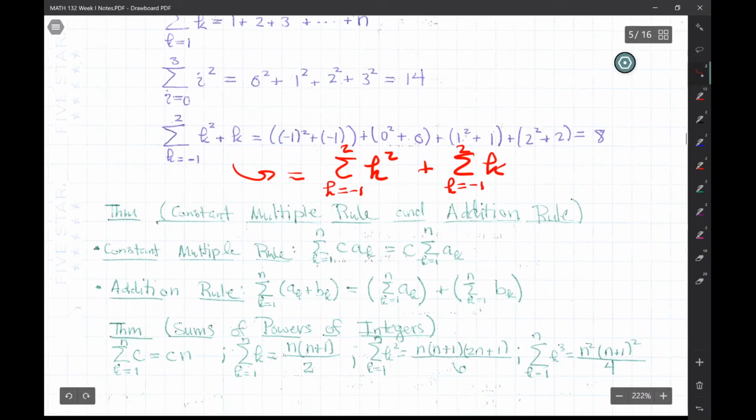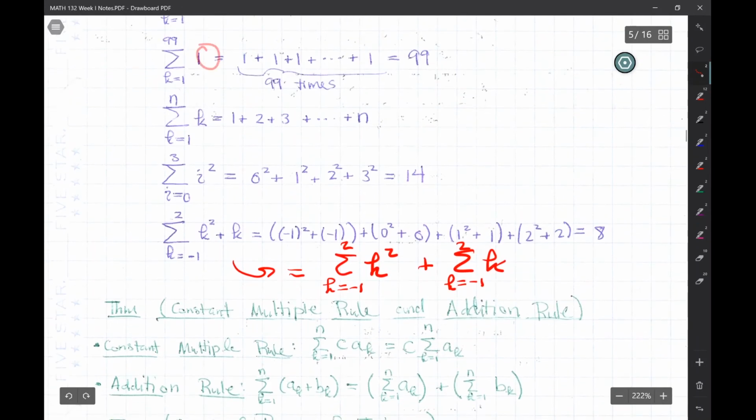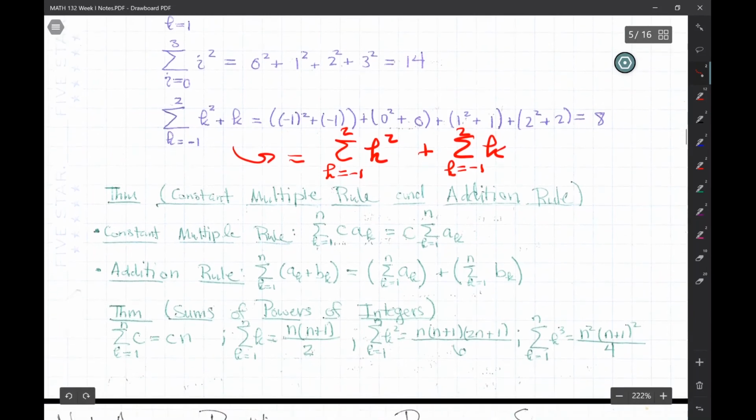And finally we have sums of powers of integers here. This is just to deal with common sums. One common sum is to just have a constant in there, like we saw above. Here we just had the constant 1. Well, that's just going to equal c times n.